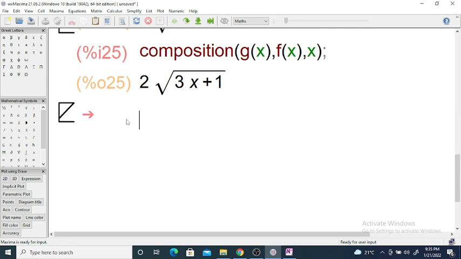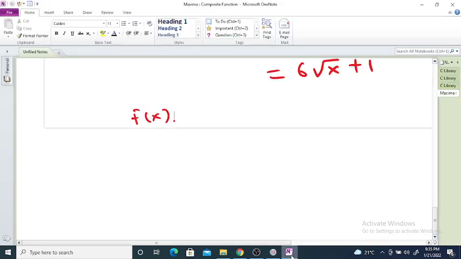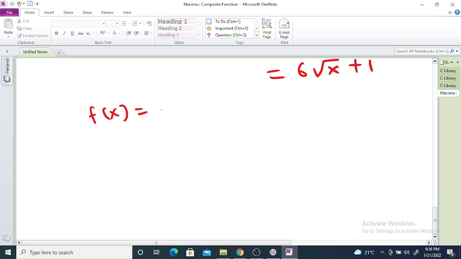Now next, suppose we take one more example. Say f of x is equal to thrice x square plus 1, and g of x is equal to 2 root x.